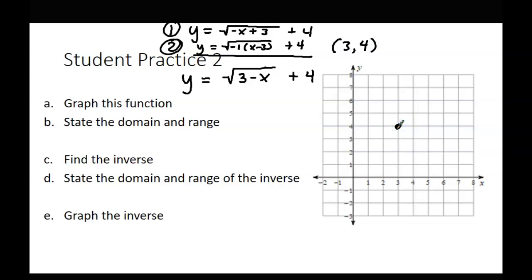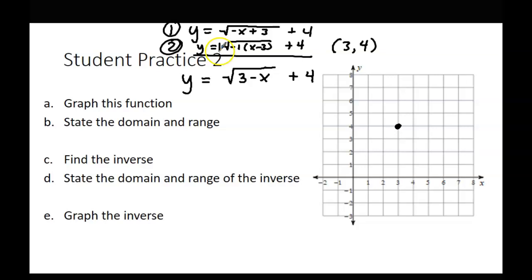Okay, now my next question would go to Steve. Steve, what direction is this square root function going in? Down. Down and right or left? Left. So if you have your chart from yesterday, it might help a little bit.